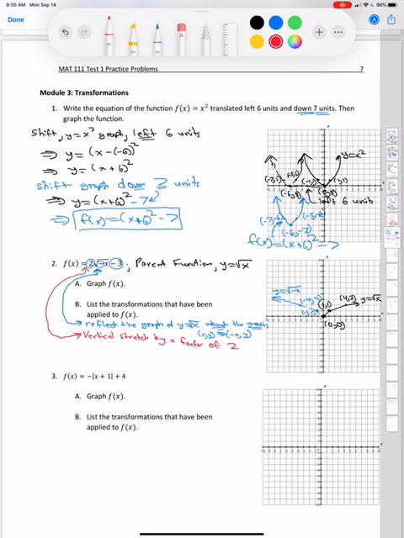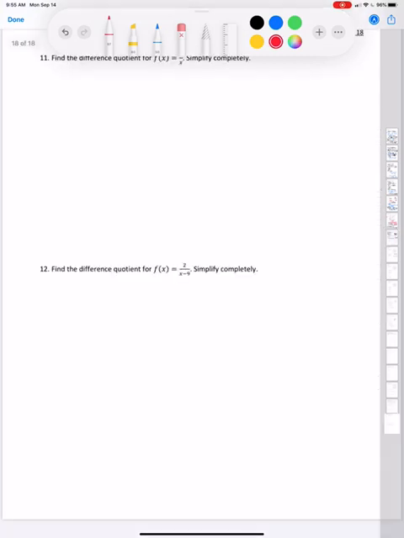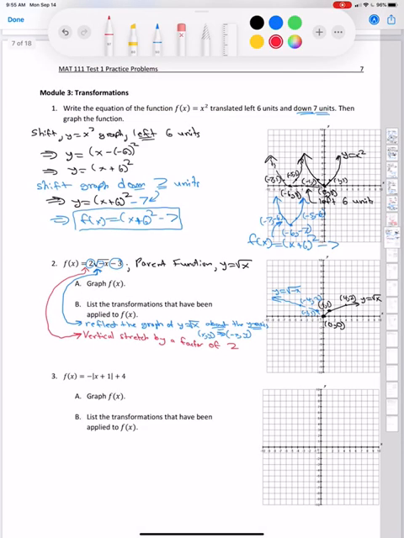Well, let's go ahead and take that. So if we stretch this graph vertically by a factor of 2, I'm going to go ahead and show that. So as we're looking at our points right now, negative 1, 1. We would multiply each y coordinate by 2. 1 times 2 is 2. So it would move to negative 1, 2, right? Negative 4, 2. We multiply the y coordinate by 2. We would move up here to negative 4, 4.